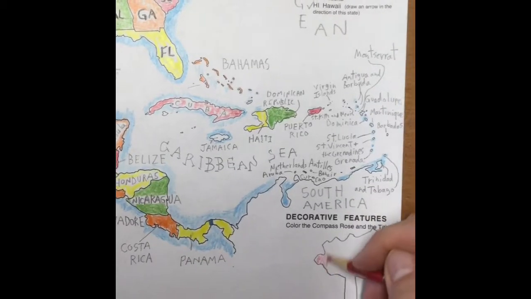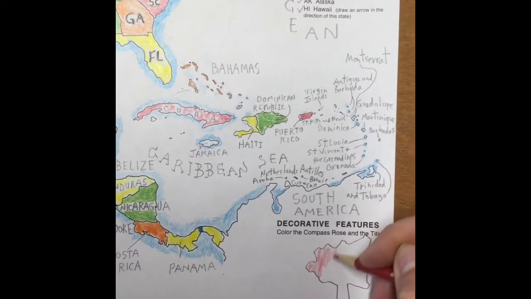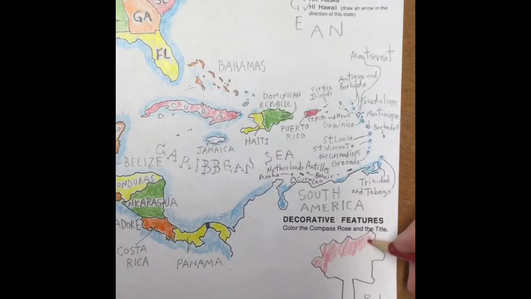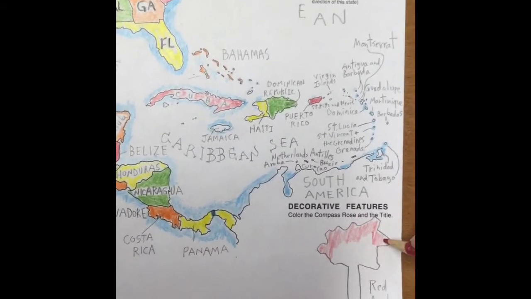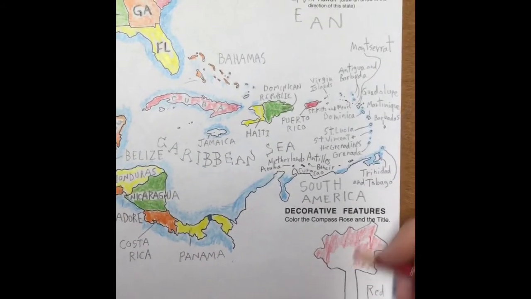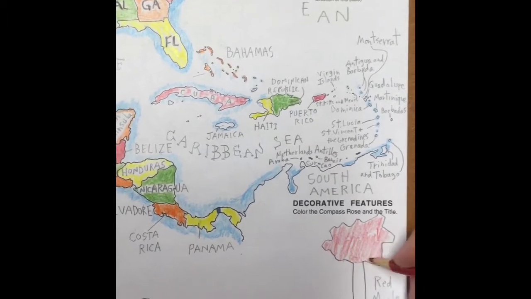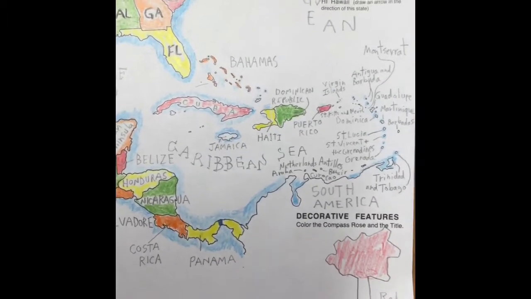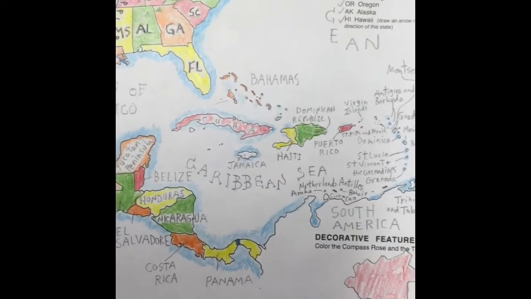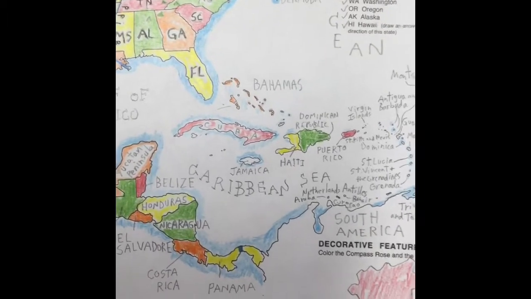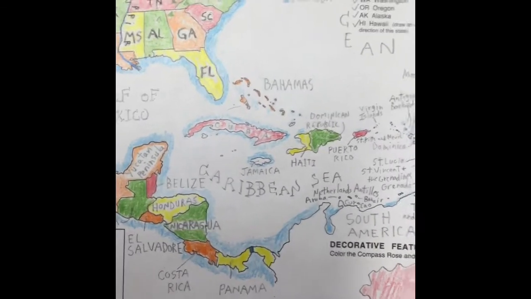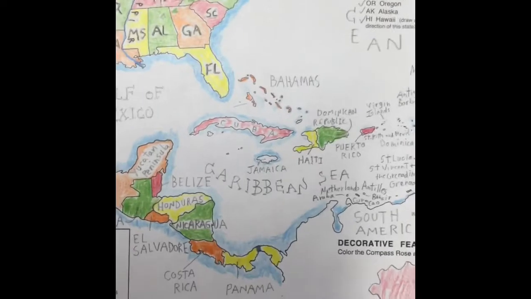Well, you guys won't do this. You'll be making your own state symbols. But I'll add a little red to my state tree, and maybe I'll use green for the trunk, maybe.